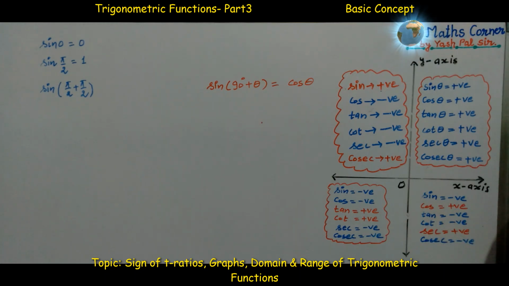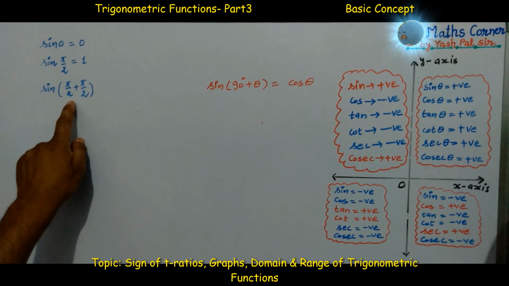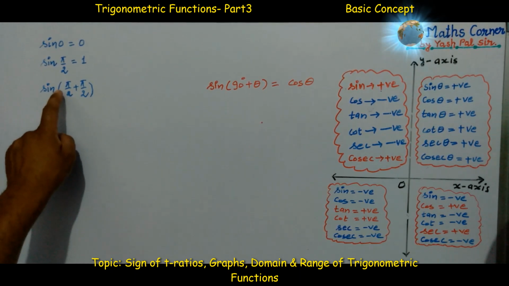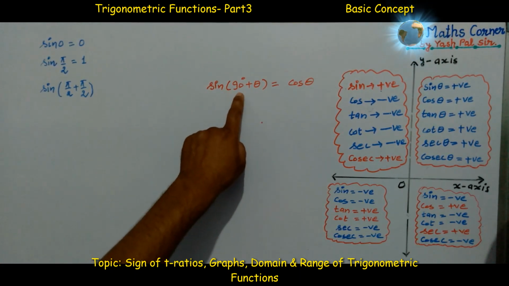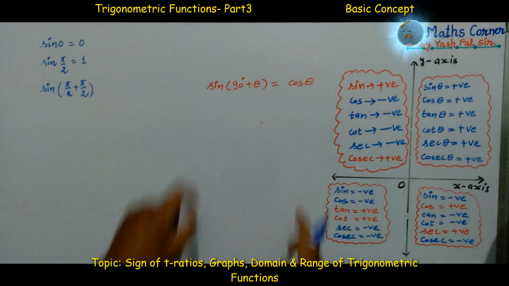they are negative. Now here sine pi by 2 mean 90 degree plus 90 degree, sine pi by 2 plus theta, sine 90 degree plus theta, according to this becomes cos theta.